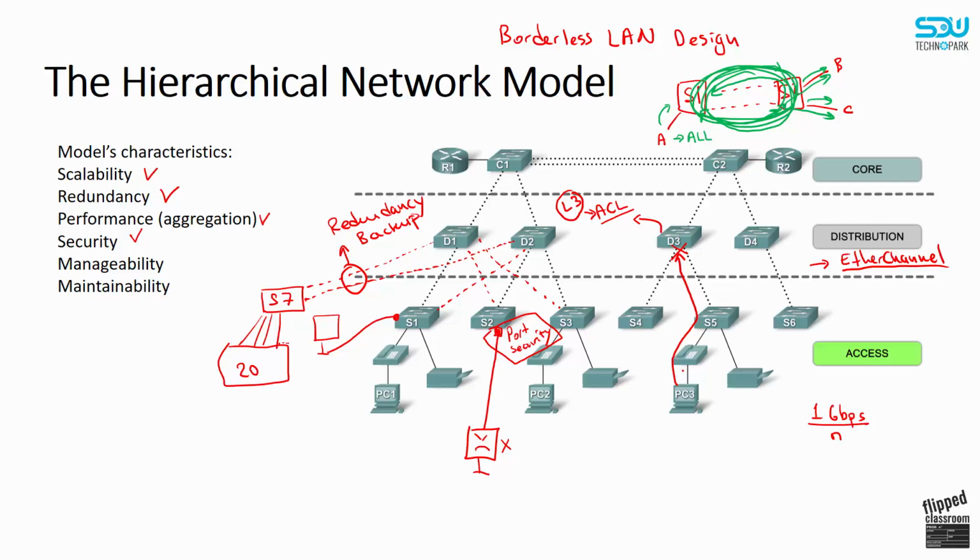But in case PC3 tries to connect to one of the local computers, for example PC10, then this communication can pass without any failure. So this kind of filtration, like an ACL, is also part of the security characteristics of our model.